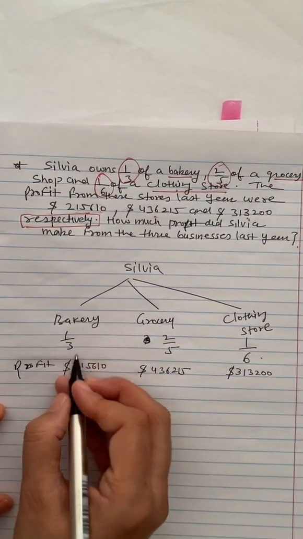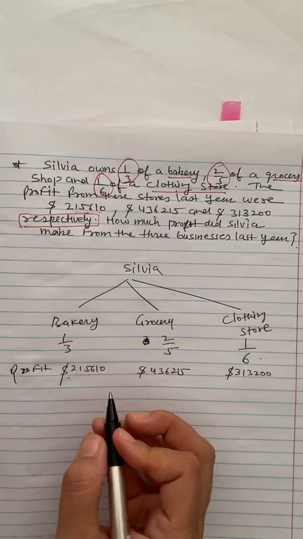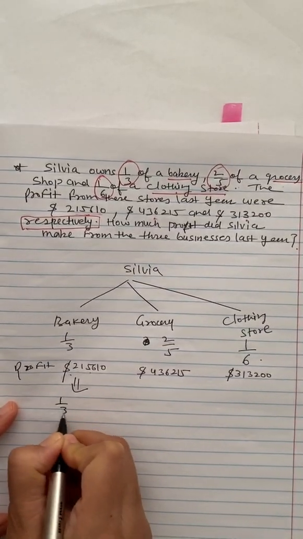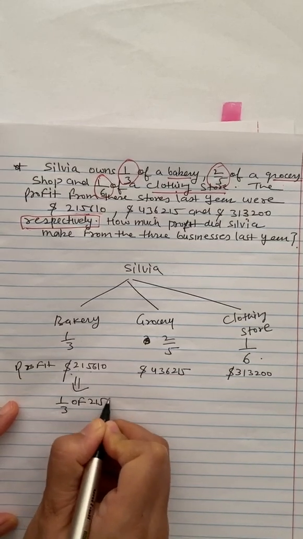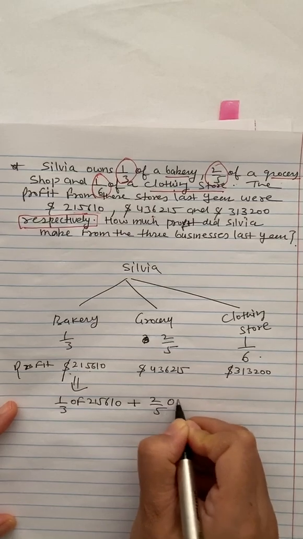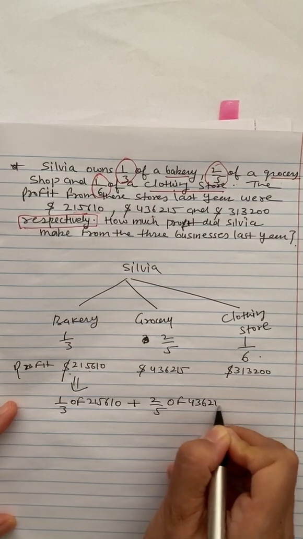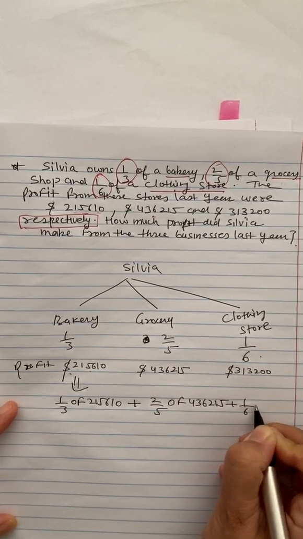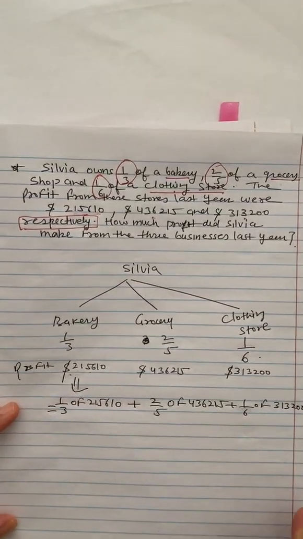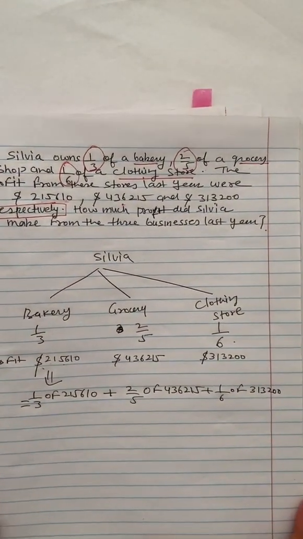She's not going to get the whole number as profit. So her profit is going to be 1/3 of 215,610 plus 2/5 of 436,215 plus 1/6 of 313,200. So this is the profit she's going to make.